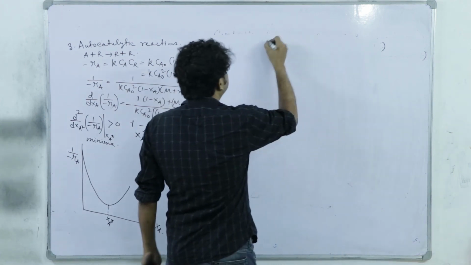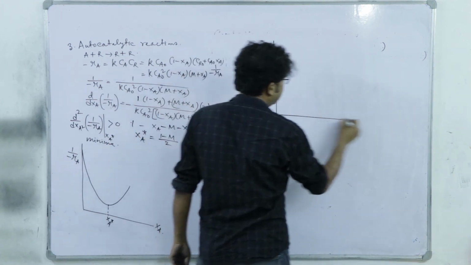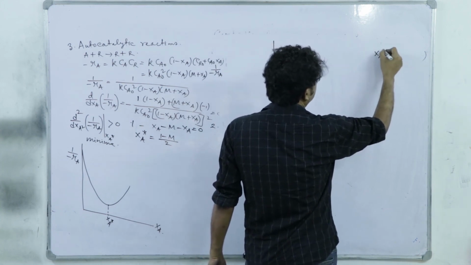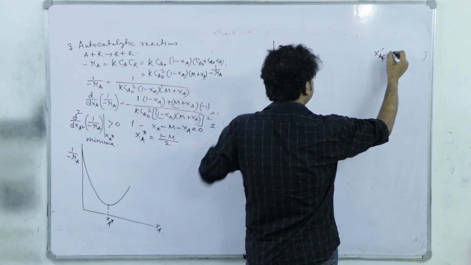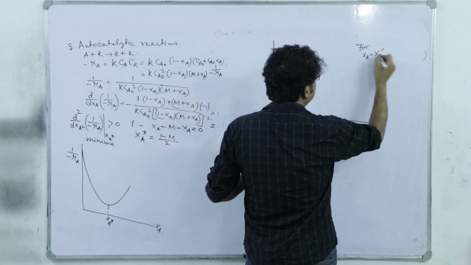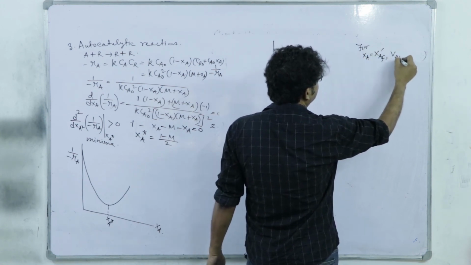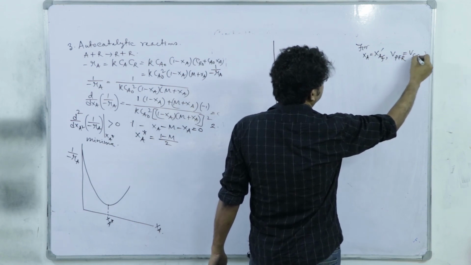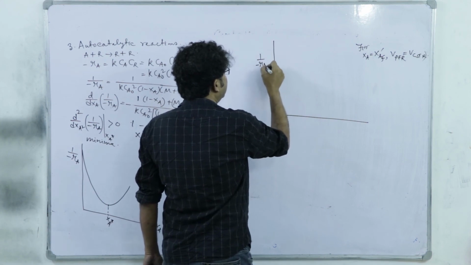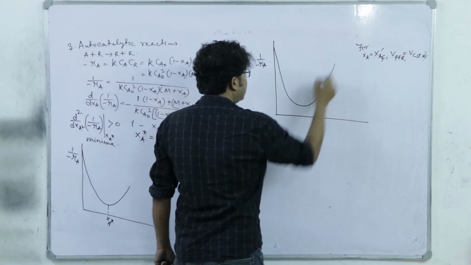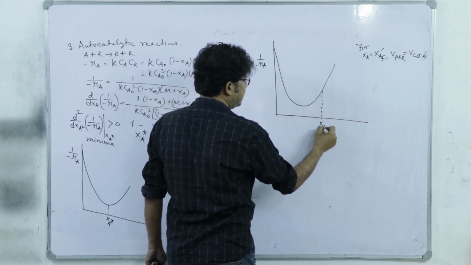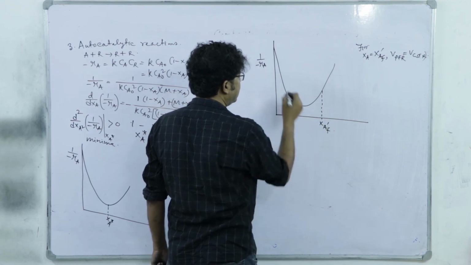So we can think of a situation where for XA equal to XAF prime, V of PFR, let's assume, equals V of CSTR. So what is the graphical interpretation? So 1 by minus RA, this. Now let's say it is somewhere over here, XAF prime.